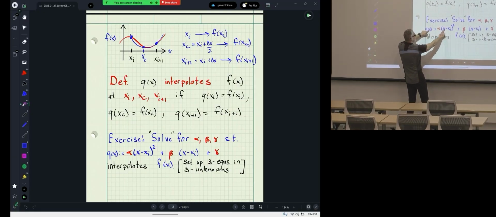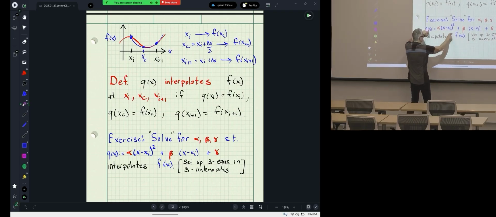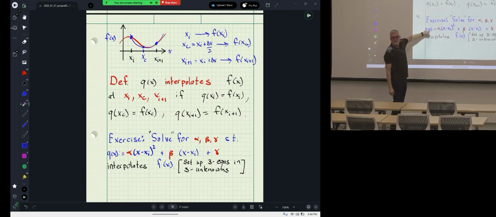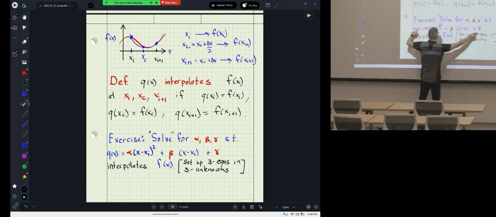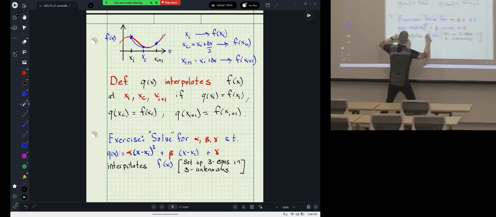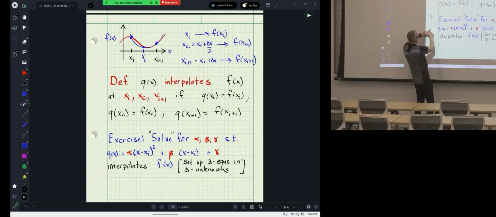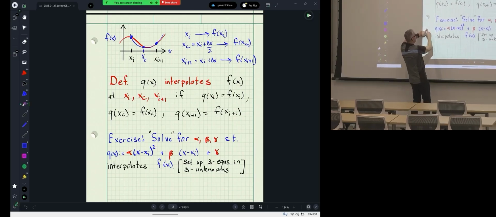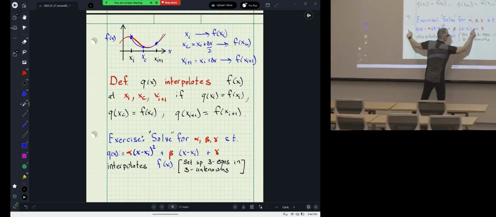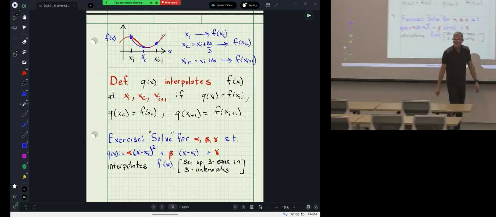Now plug in xc, which is xi plus delta x over 2. So what does this become? And then do the same thing: f of xi plus 1, which is f of xi plus delta x, and then replace x and get a relationship for alpha, beta, and gamma.